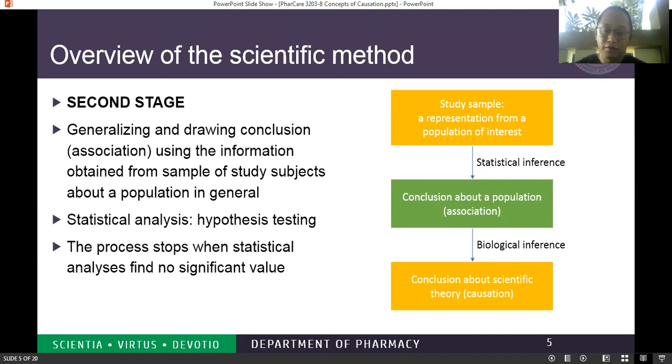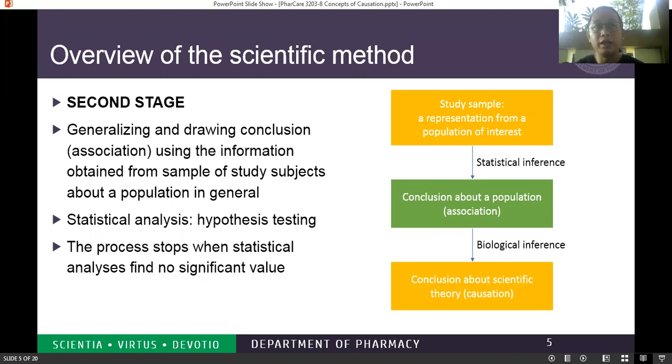If we do not find a significant value, then we should evaluate our methods, how we conducted our study, whether we made some mistakes, or what we can call bias, during the selection as well as the analysis.